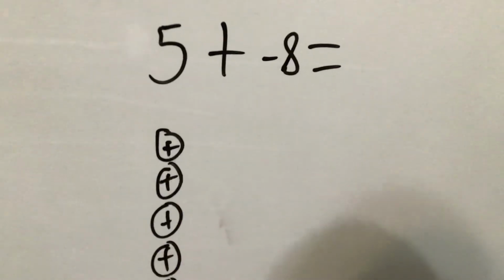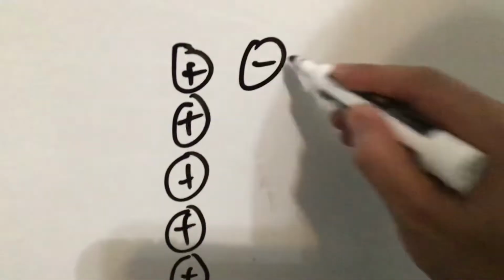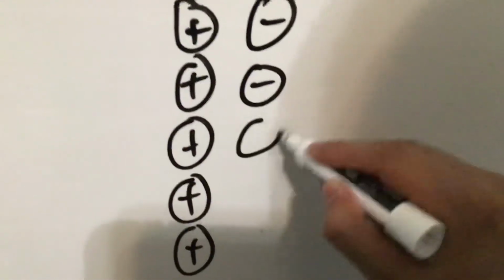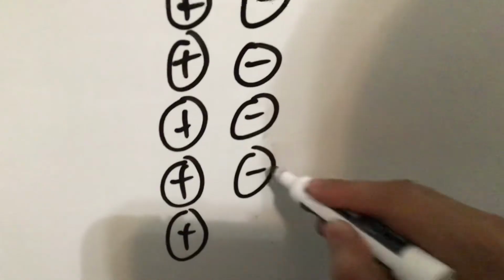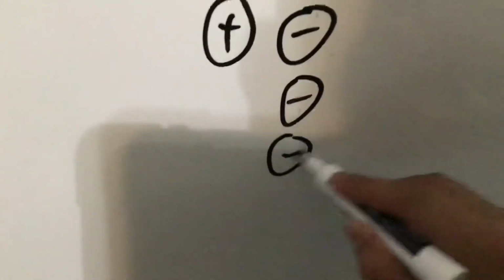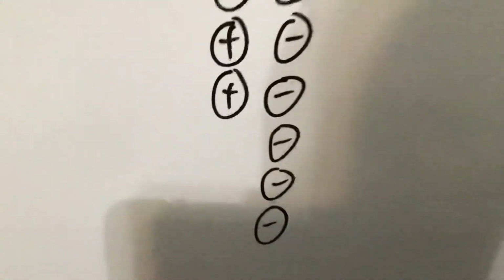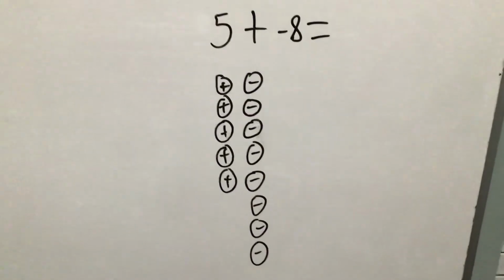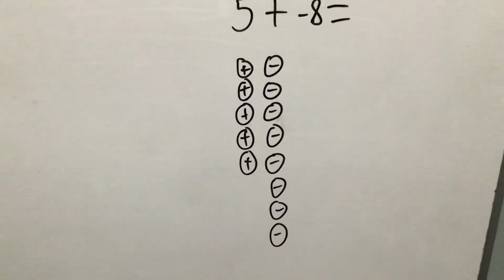And then we have 8 negatives. So we have 1, 2, 3, 4, 5, 6, 7, 8 negatives. So 5 positives and 8 negatives.